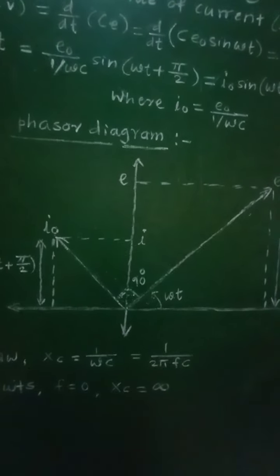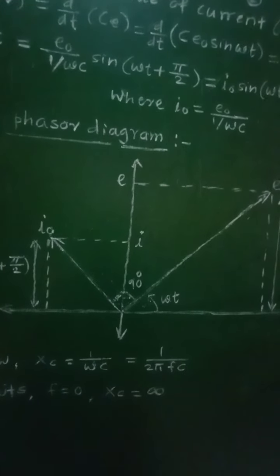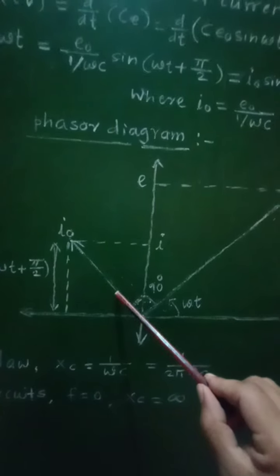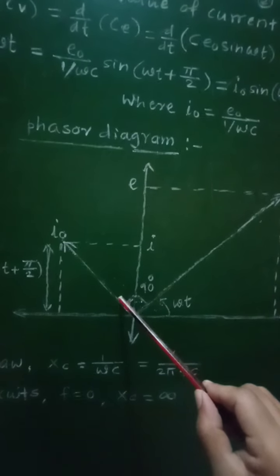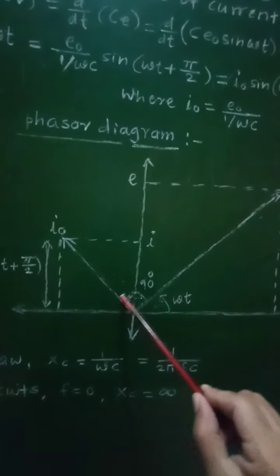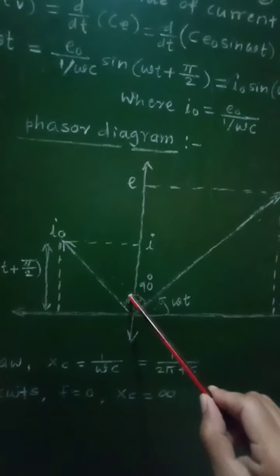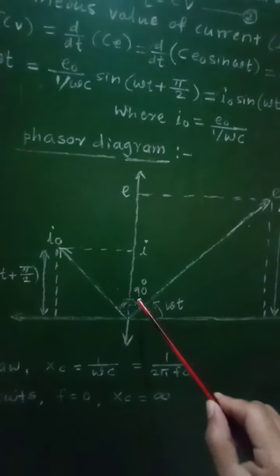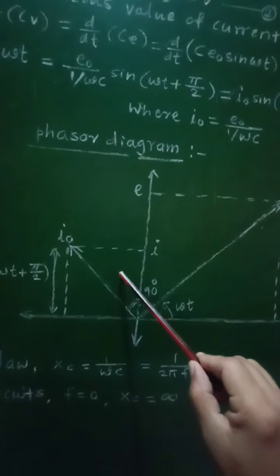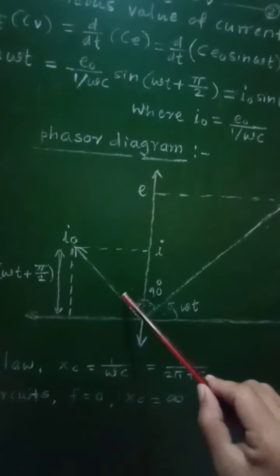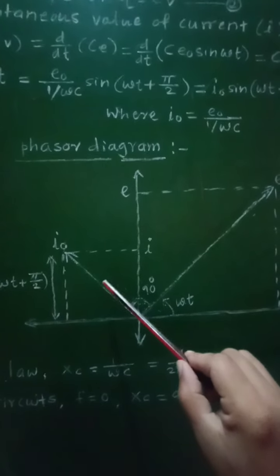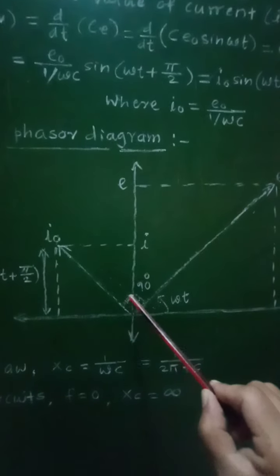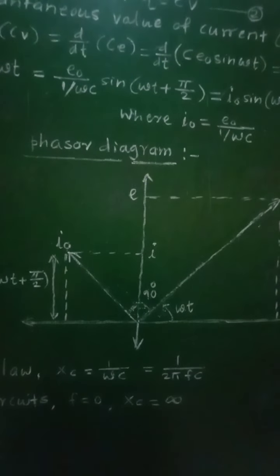Now as current leads the voltage by a phase of 90 degrees, the phasor representing current is turned through 90 degrees with respect to the EMF phasor in anti-clockwise sense, and therefore the angle between phasor EMF and phasor current is equal to 90 degrees.